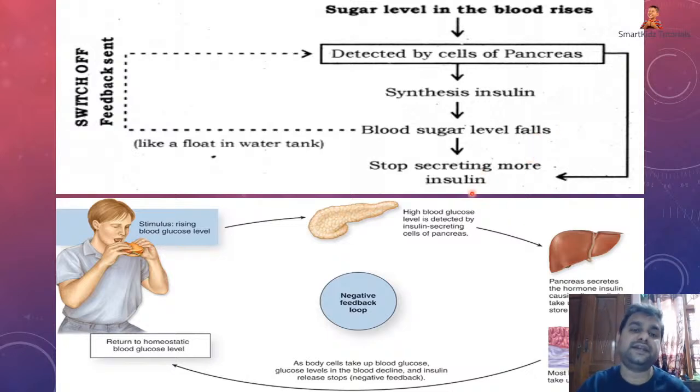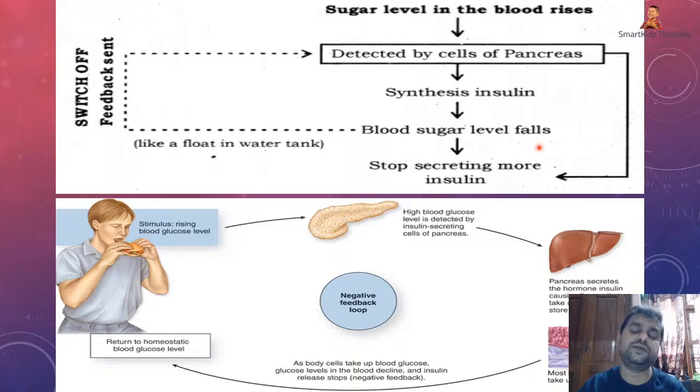This is again detected by the cells of the pancreas, and immediately the cells of the pancreas stop secreting any more insulin. So it stops secreting. This is like a feedback mechanism. As long as there is sugar in the blood, the pancreas will keep secreting insulin.